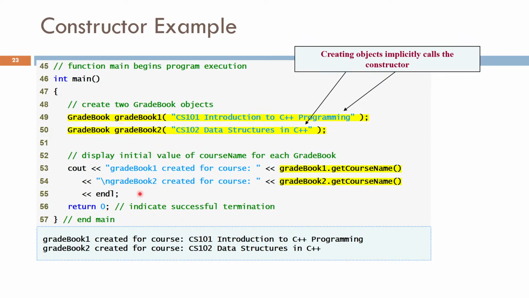Instead of doing all those previous instructions that we saw in previous slides for setting it and then getting it, we can now just have gradebook1.getCourseName and gradebook2.getCourseName. And we can see that our input strings, which were stored upon creation of the gradebook 1 and gradebook 2 objects, are now stored and can be retrieved using our get functions for gradebook 1 and gradebook 2.